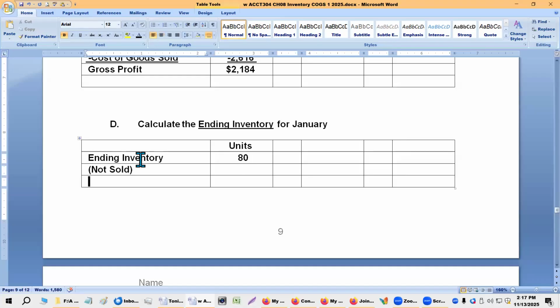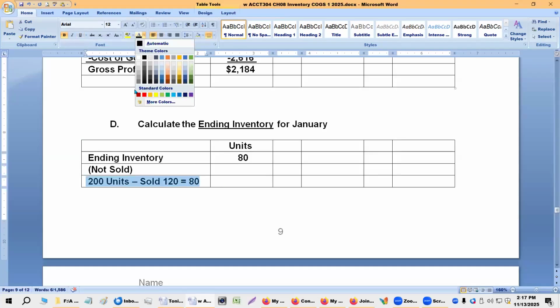I'm gonna put it down here to the calculations for that. We had 200 units. So the unsold were the 80.